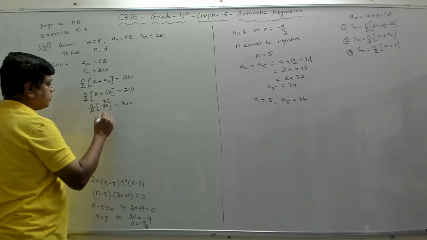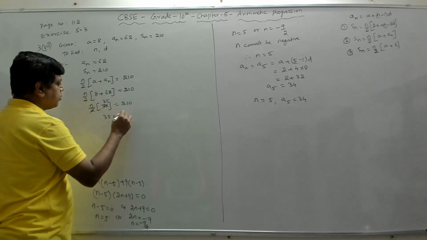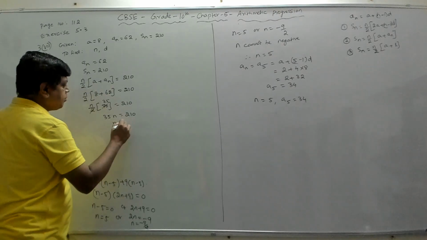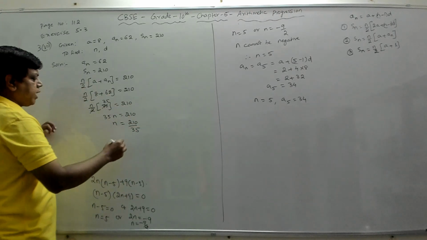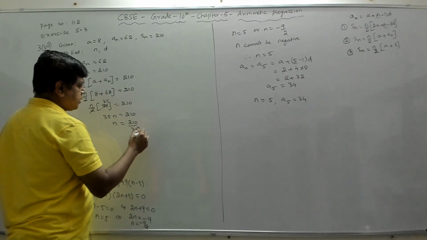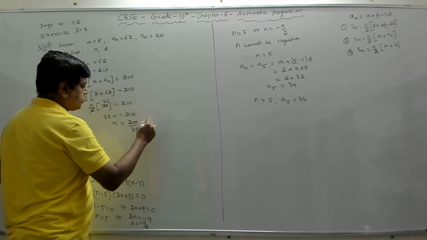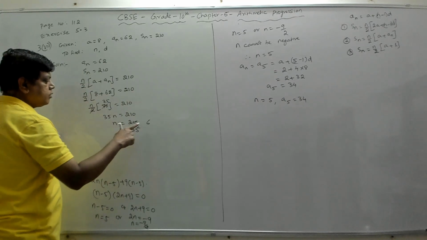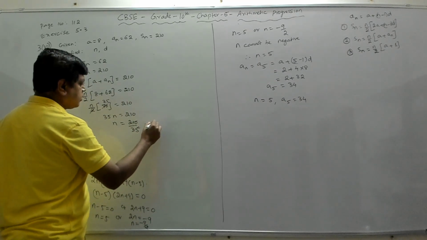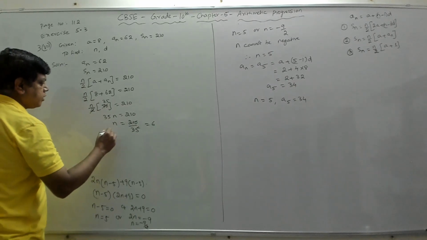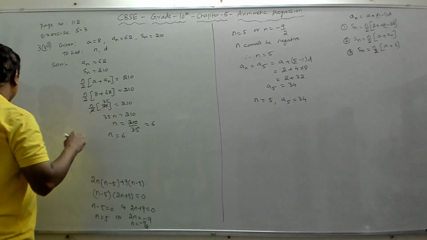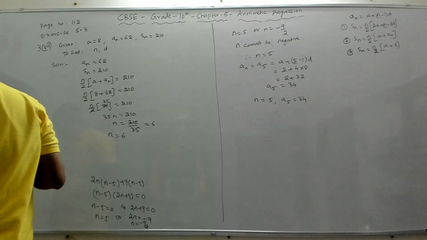So 35n equal to 210. So n will become 210 by 35, which is 6, since 35 times 6 is 210. So we have found n as 6.